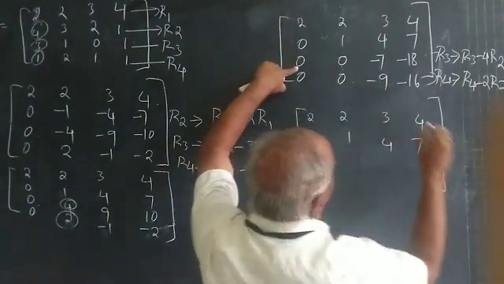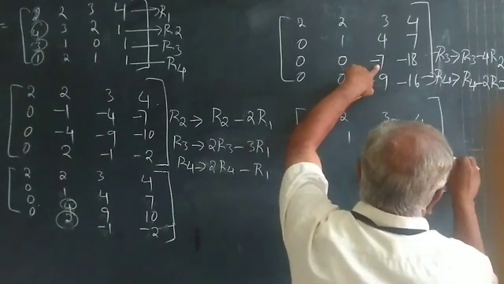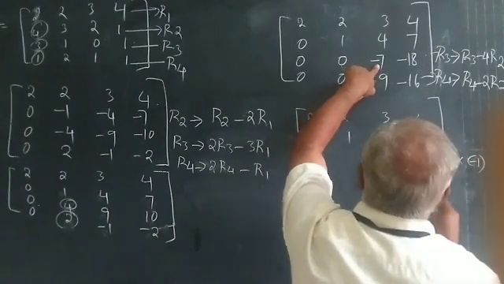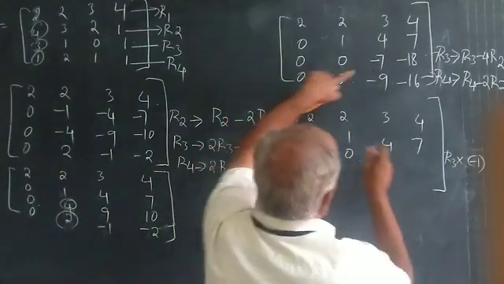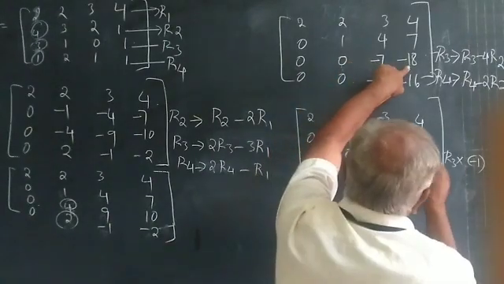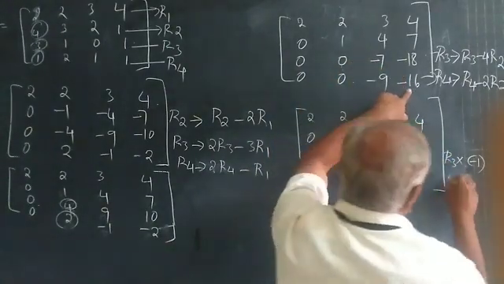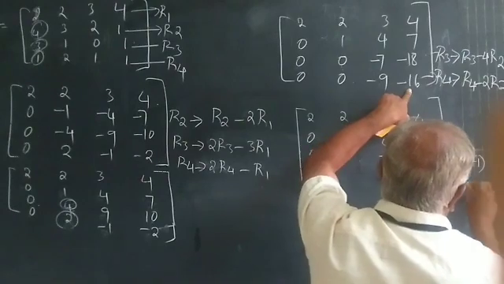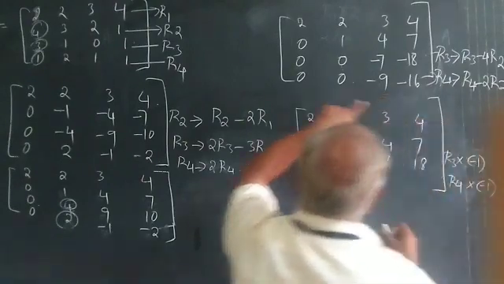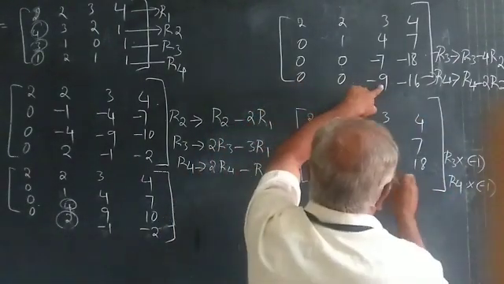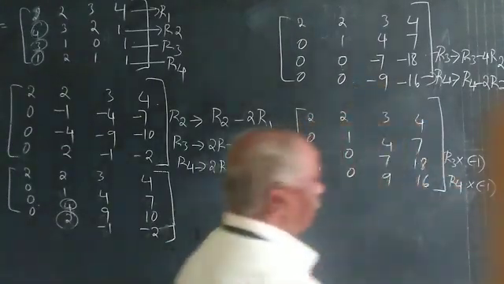Multiply by minus sign means R3 multiplied by minus 1. So 0, 0, this becomes plus 7, this becomes plus 18. Now let us multiply R4 by minus 1: 0, 0, this is 9, this is 16.